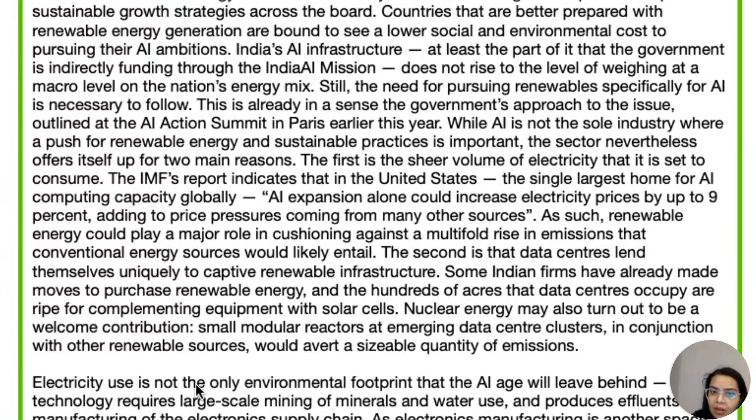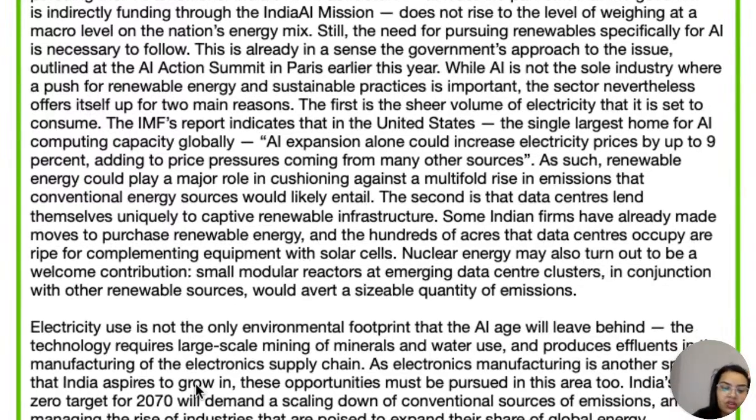Storage and computing capacities, for all of them we need energy resources, and here it can push the price up to 9%. As such, renewable energy could play a major role in cushioning, in protecting against the multifold rise in emissions that conventional energy sources would likely entail. So, of course, renewable energy, if followed, can help a lot.